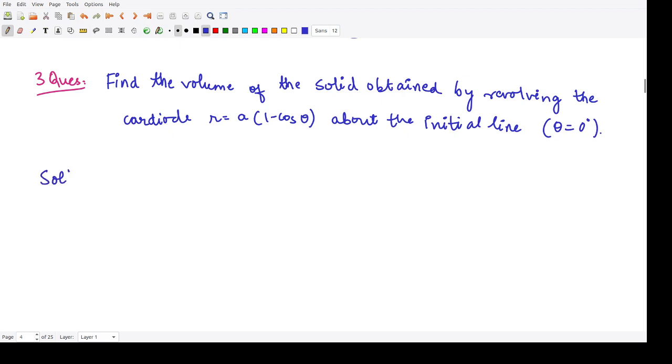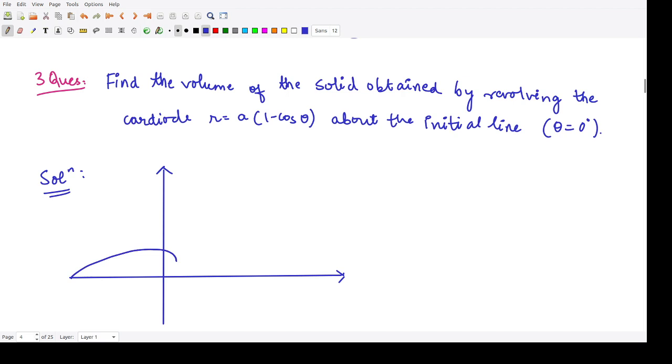So for calculating its solution, this is a polar curve, right? Firstly, let me draw this curve. The curve would look something like this. This point is theta equal to pi, and the point is (2a, pi).